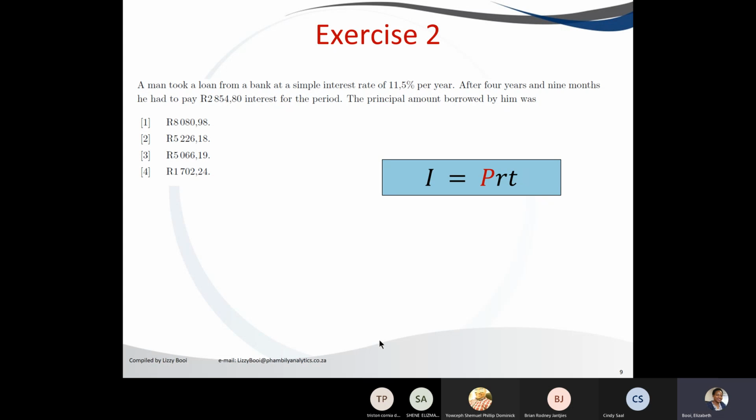Since we are looking for the principal and they are not giving us the future value, but they are giving us the interest, and we know that interest is the amount, we can use the simple interest formula to calculate. So we need to calculate our P. We are given our R, which is 0.115. We are given 4 years and 9 months, so you need to convert the 9 months into a year.